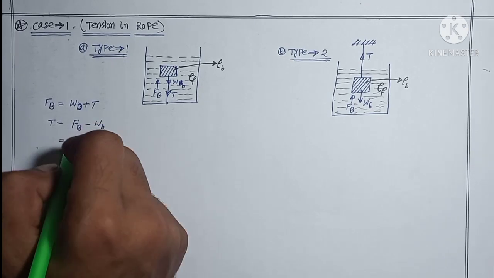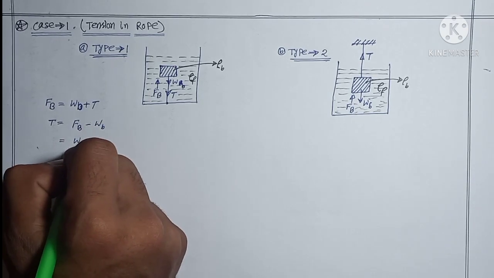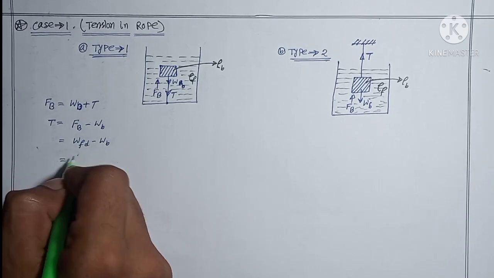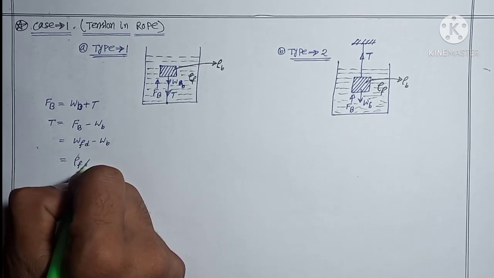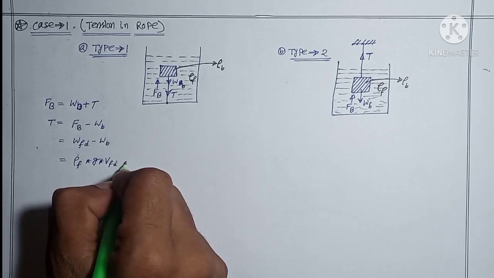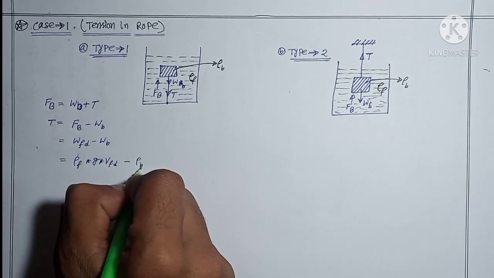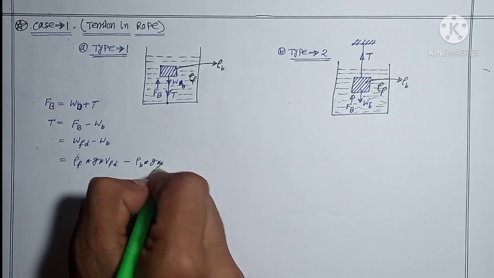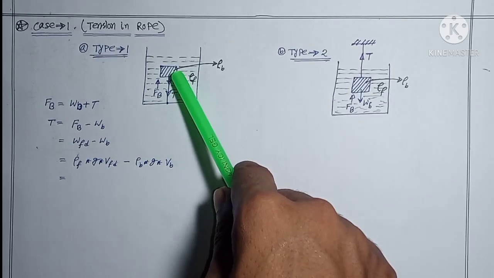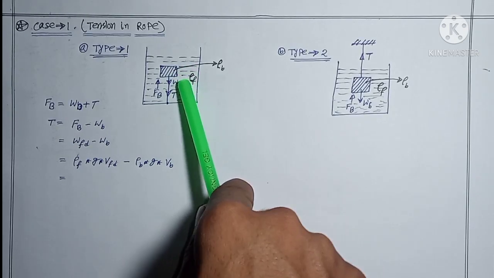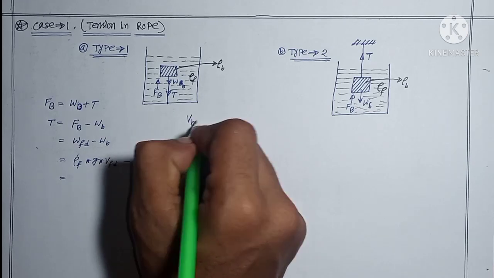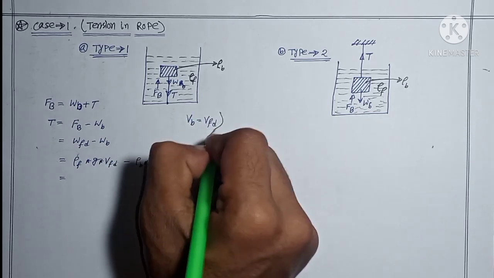Now this buoyancy force is nothing but the weight of the fluid displaced. We can write this as rho of fluid, g, and volume of fluid displaced, and the weight of the body is rho of body, g, into volume of body. In this case the total body is submerged, which means the volume of body is equal to the volume of fluid displaced.